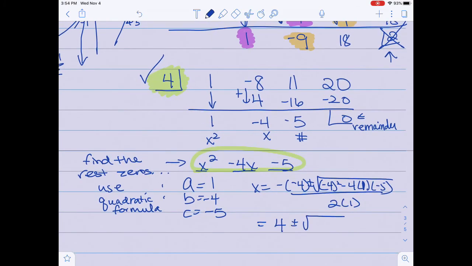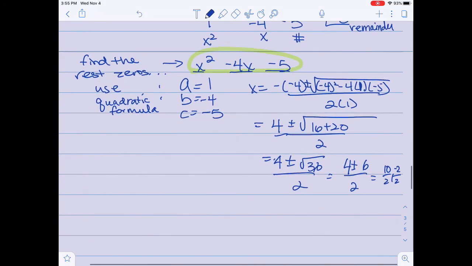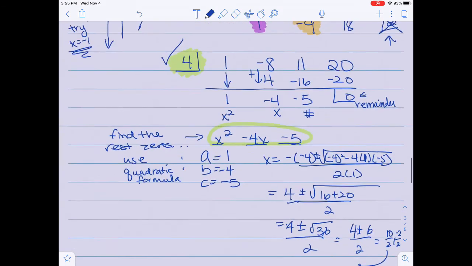We simplify that and get 4 plus or minus the root of 16 plus 20, over 2. That's 4 plus or minus the root of 36 over 2, which is beautiful because the root of 36 is 6. So 4 plus 6 is 10 over 2, and 4 minus 6 is -2 over 2, and we're left with 5 and -1.